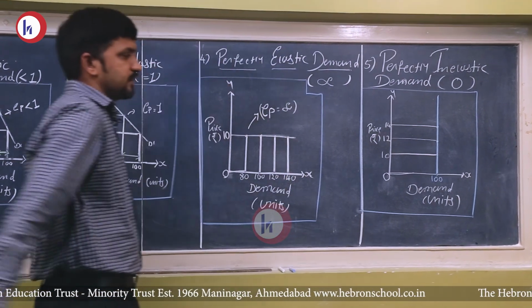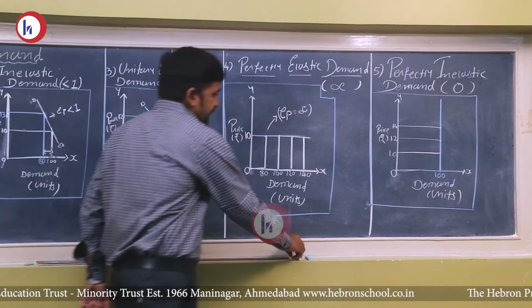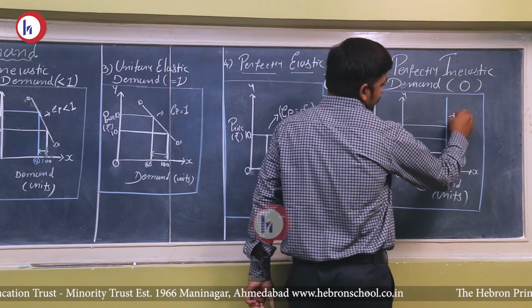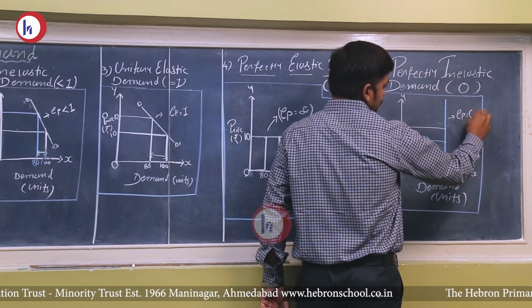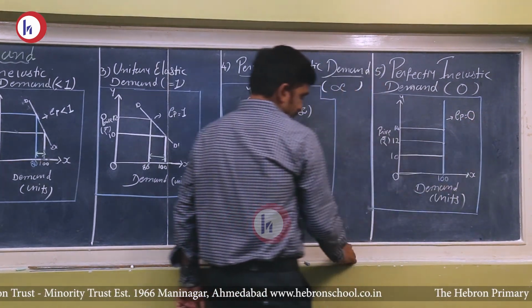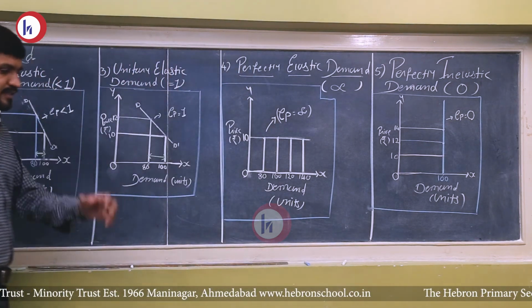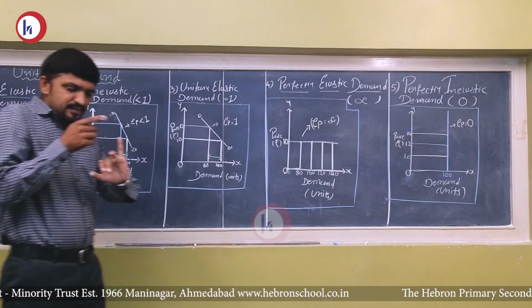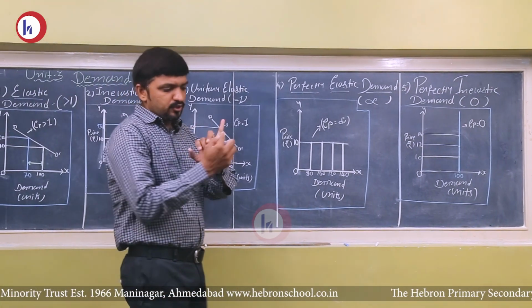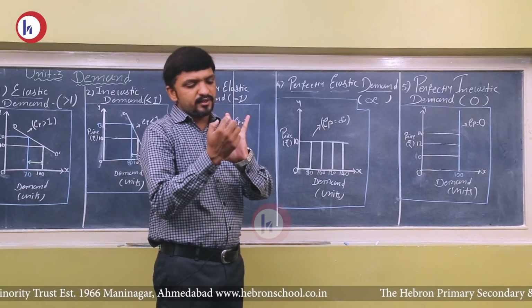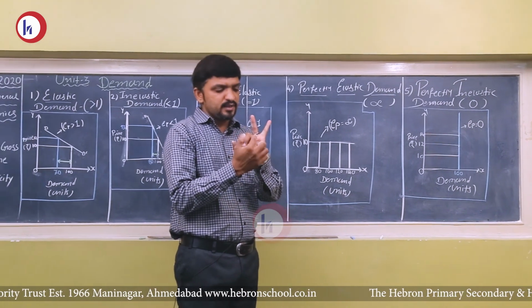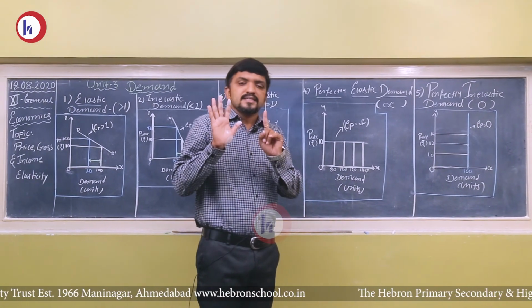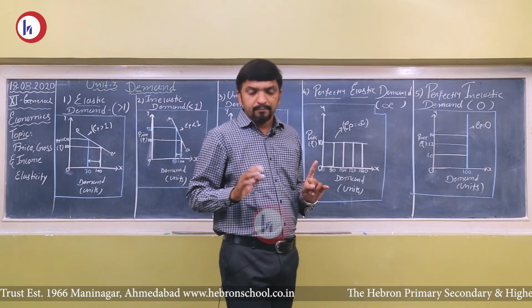So students, this one was the explanation of price elasticity and its 5 types. Meaning of price elasticity, meaning of elastic demand, inelastic demand, unitary elastic demand, perfectly elastic demand, perfectly inelastic. 6 definitions we have seen.